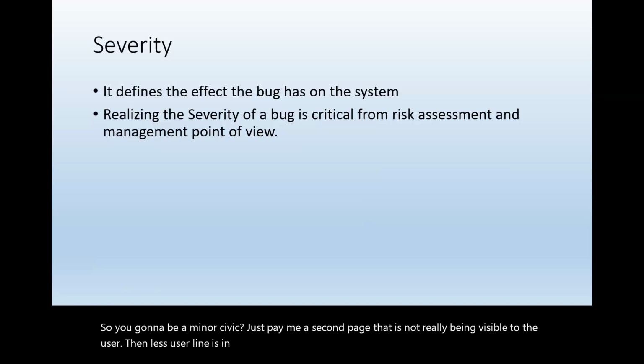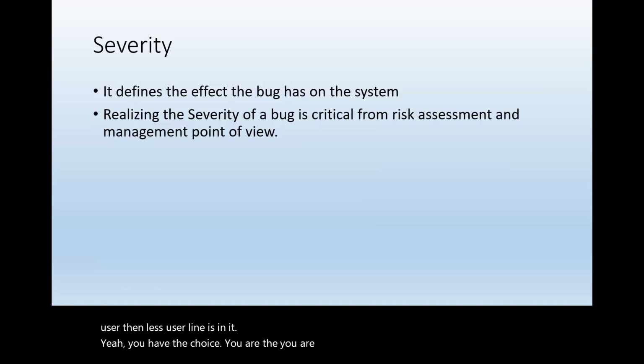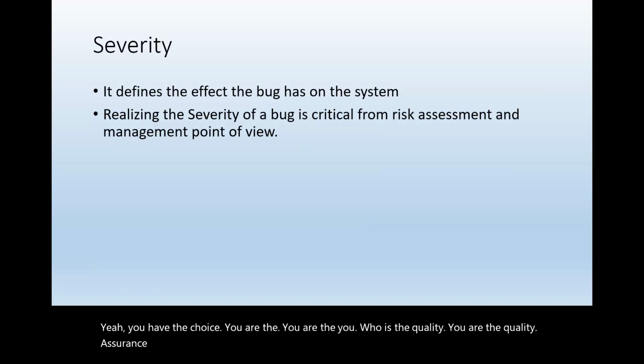When we're doing this testing, do we have the choice to make that decision, or is it up to the company? You own the quality. You're the quality assurance engineer, quality assurance analyst. You own the power to release any application to the market.